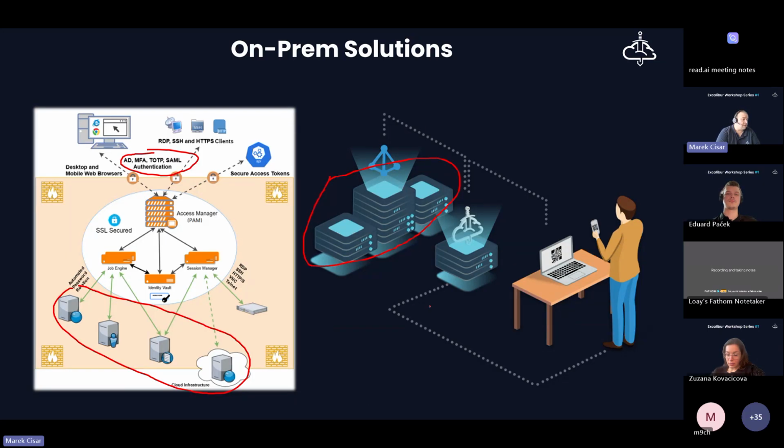In comparison to Excalibur, if you need to manage such a system deployed on premise, basically one or two people are completely enough, because one person or one technician needs to take care of the Excalibur application itself.